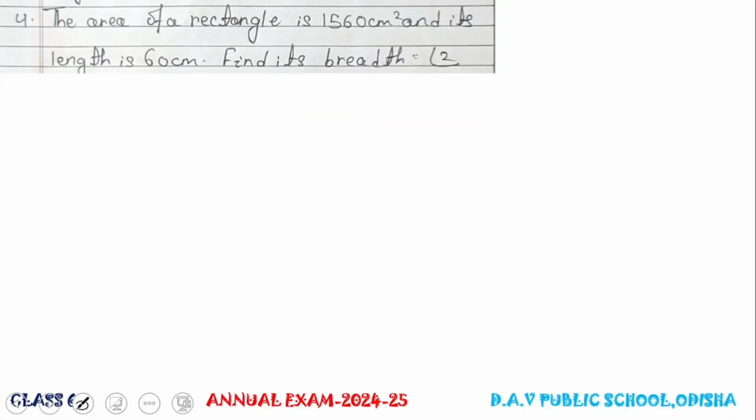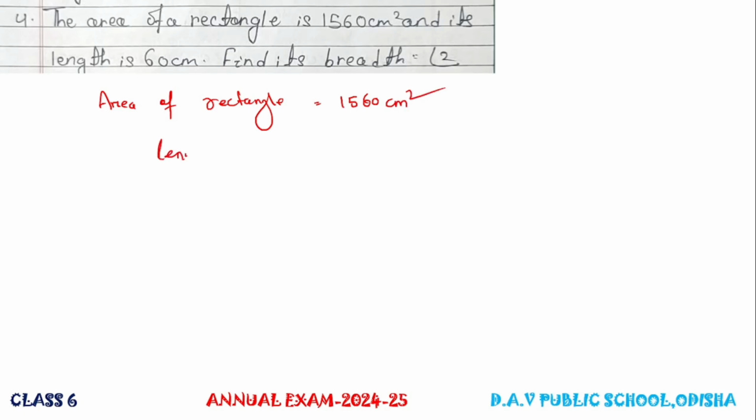Next, the area of the rectangle is given and the length is given. Find the breadth. So write down area of a rectangle equal to 1560 centimeter square. Now length equal to 60 centimeter. Now we find breadth.